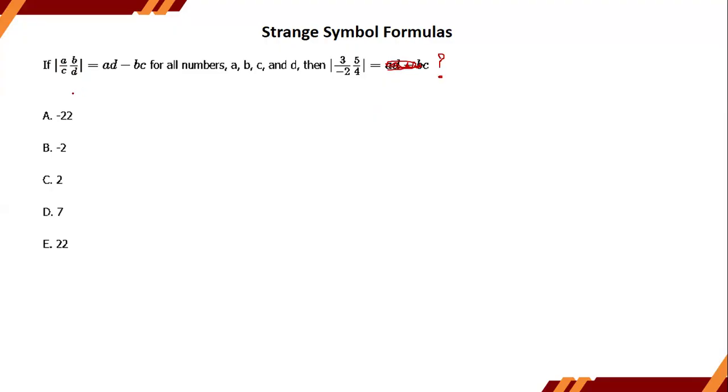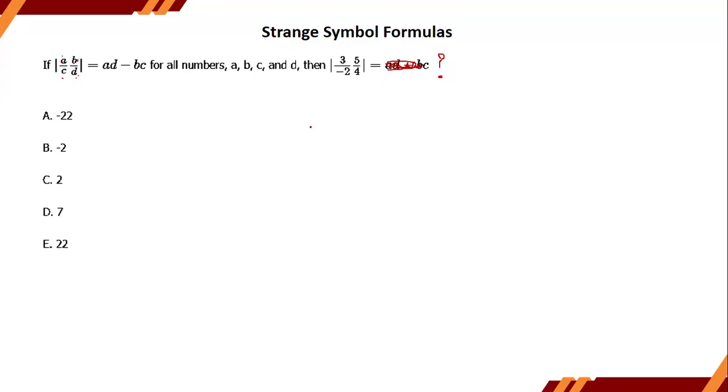So basically, the question has defined this symbol as AD minus BC. If I take A as first and C as second, then third, and this is fourth, we need to take the product of the first and the fourth number and the product of the second and third number and subtract the second product from the first product. That's it, what we need to do, right?